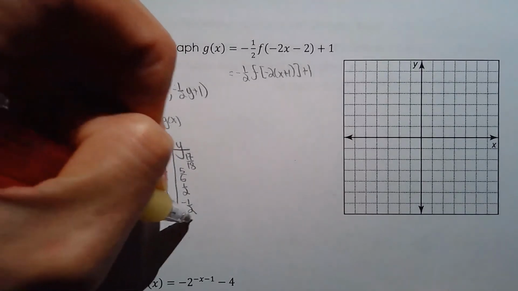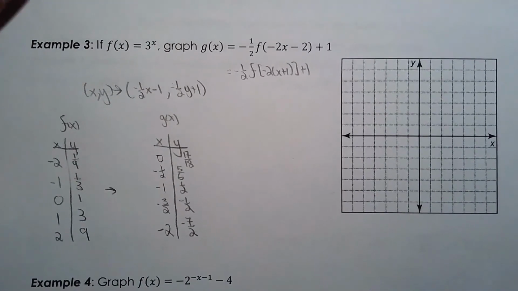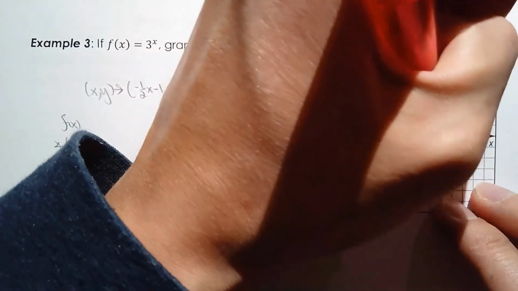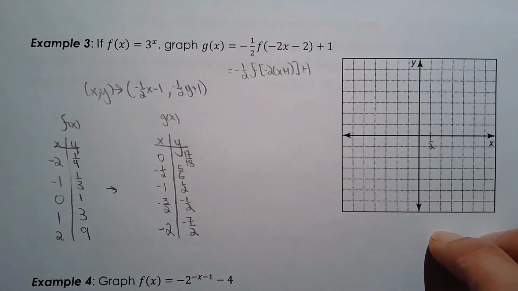Okay, all right. So for the x-axis scale, I'm going by halves. And for the y-axis, I'm gonna go with, oh, those are not pretty to work with, but I'll go with 1.